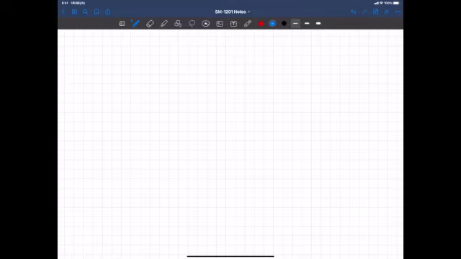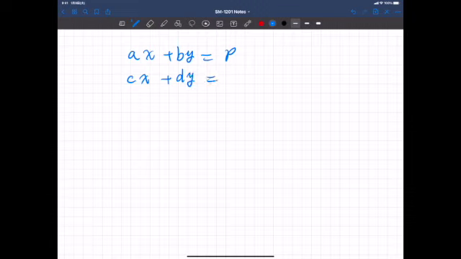Let's consider this problem: simultaneous linear equations, AX plus BY is equal to P, and CX plus DY is equal to Q. We want to solve these equations for X and Y. These equations can be summarized using a matrix and vectors.